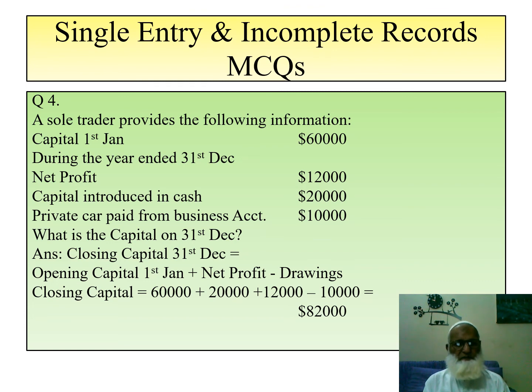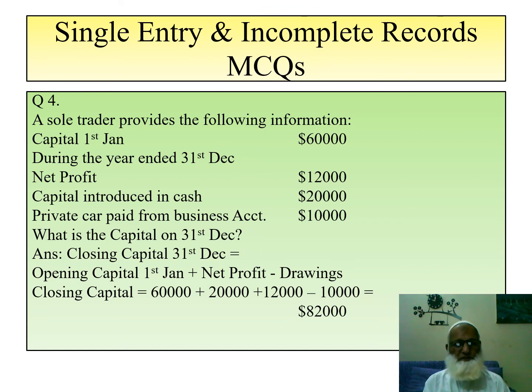Now closing capital, on 31st December, is equal to opening capital plus net profit minus drawings. So closing capital is equal to 60,000 plus 20,000. This is the additional capital, or we can say the total capital we have.